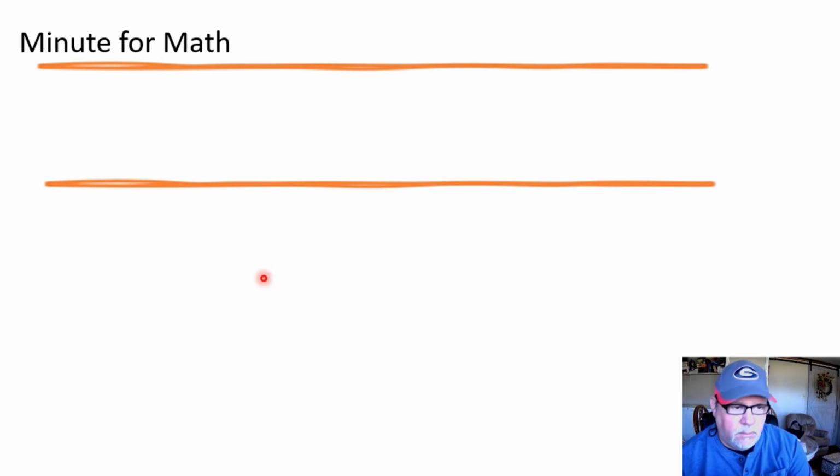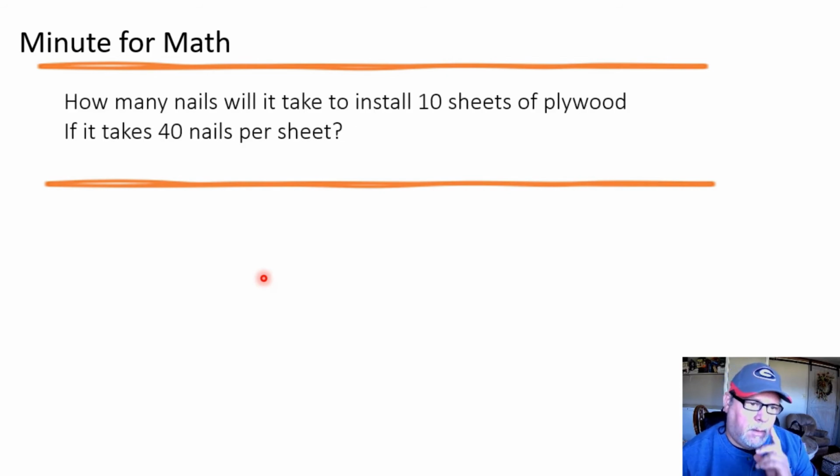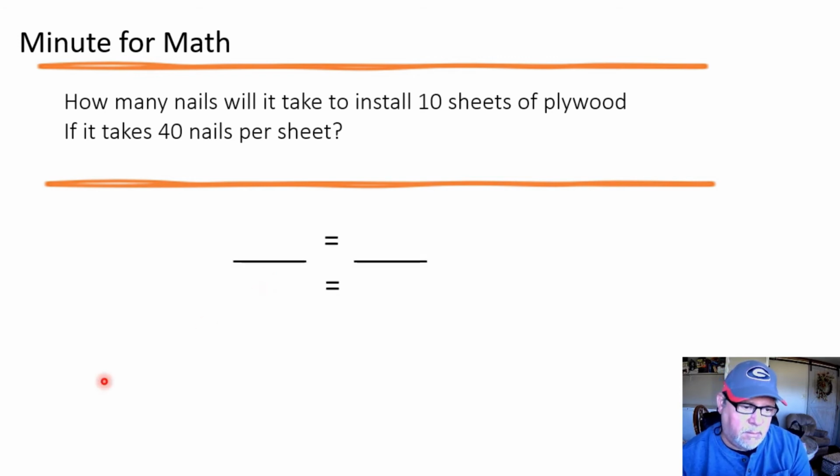All right, let's work this next problem. How many nails will it take to install 10 sheets of plywood if it takes 40 nails per sheet? All right, here's our setup. The question is what? How many nails?